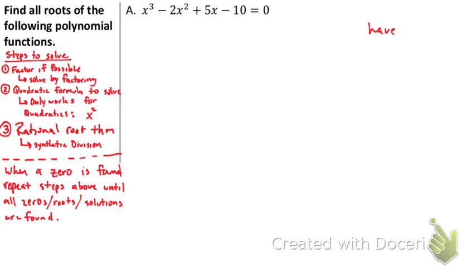And we should be able to factor this by grouping. So I'm going to group and group. Okay, so we're grouping. The GCF of the first guy is x squared. And when I divide out an x squared, that gives me x minus 2. The GCF of the second guy is 5.